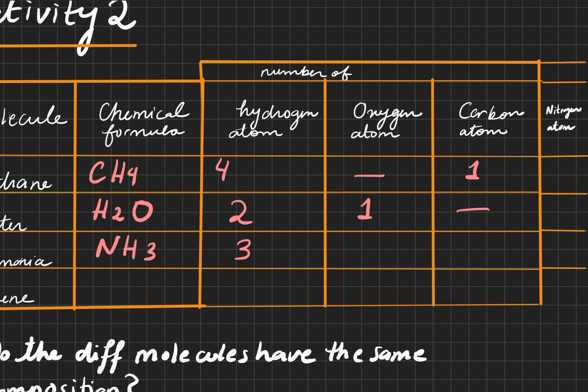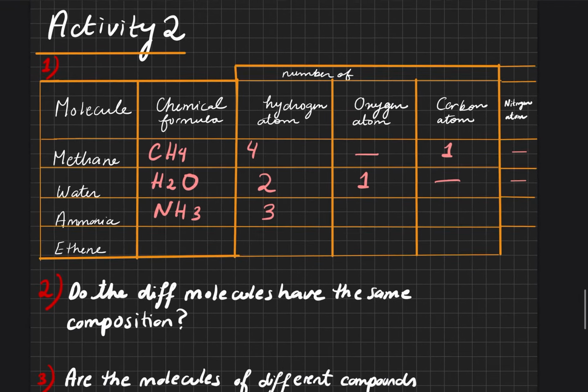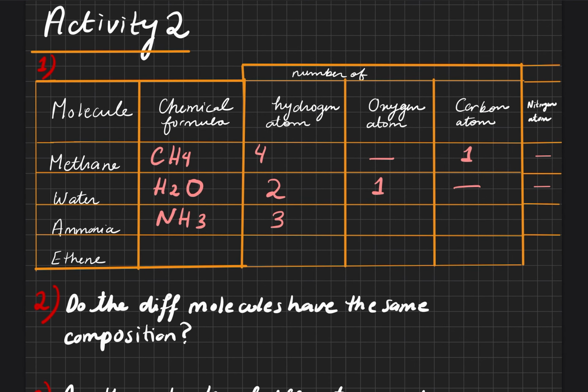We don't have any nitrogen atom in the first one, neither in this, but here in the ammonia, we have no subscript beside the nitrogen, so we have 1 nitrogen atom, so 1.